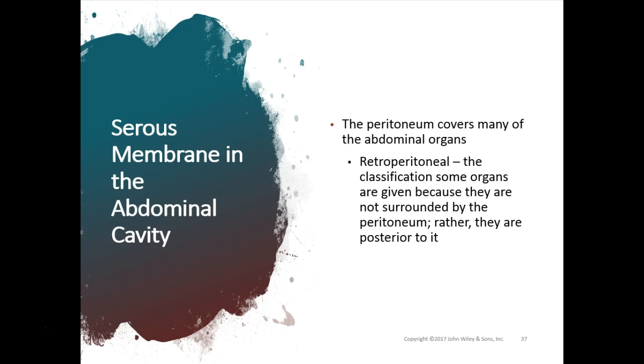Some organs, such as the kidneys, are called retroperitoneal. What do you think of when you hear retro? Retro should make you think past or back. So retroperitoneal is behind or in the back of the peritoneum. So these organs, such as the kidneys, are not inside the peritoneum, but they are posterior to the peritoneum.